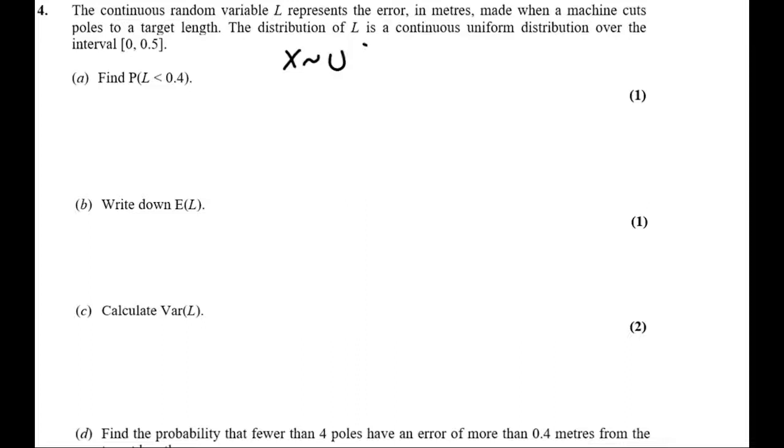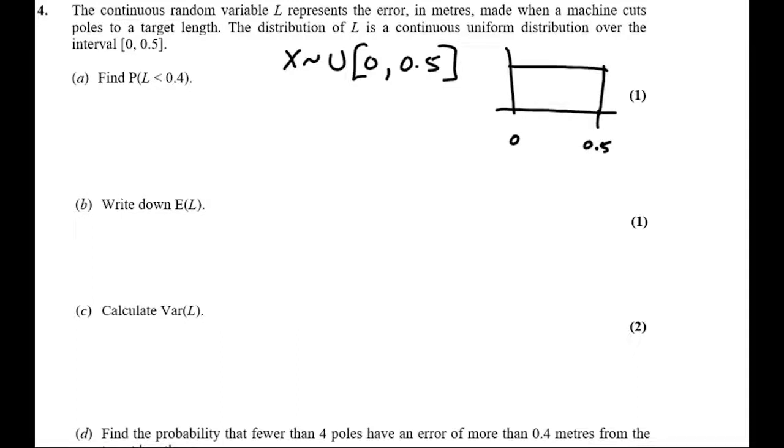X follows a uniform distribution where the smallest value is 0, the largest is 0.5. We can sketch this situation. 0 to 0.5.